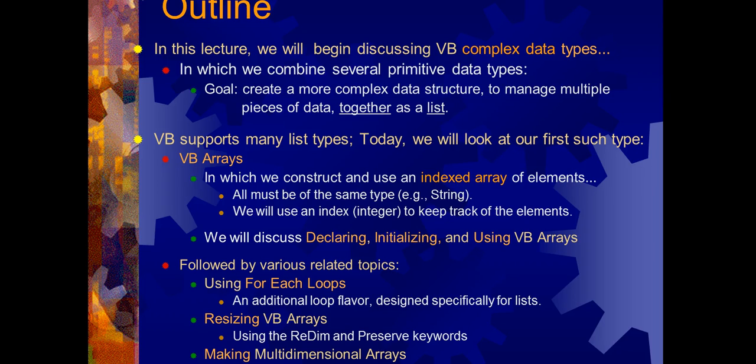Now we're going to be able to combine several of them together in a list or an array, creating a more complex data structure to manage multiple pieces of data together as a list.